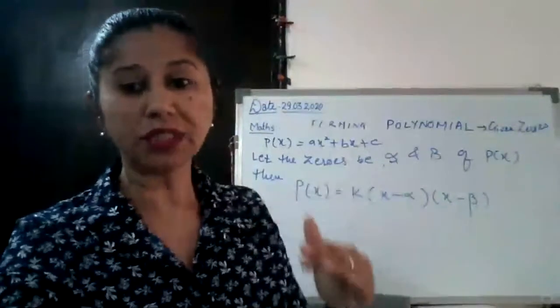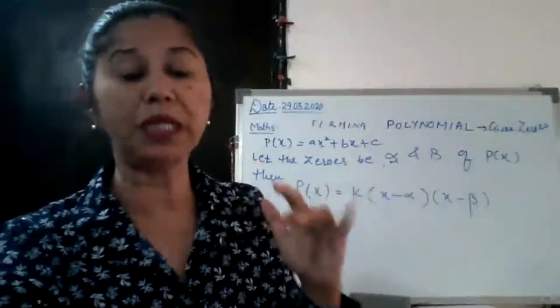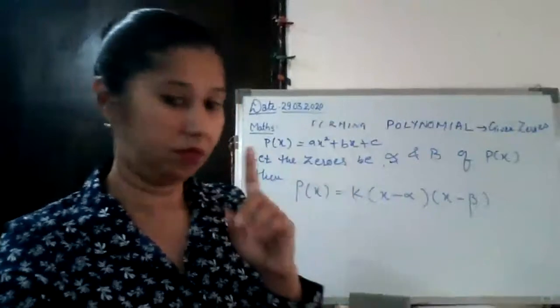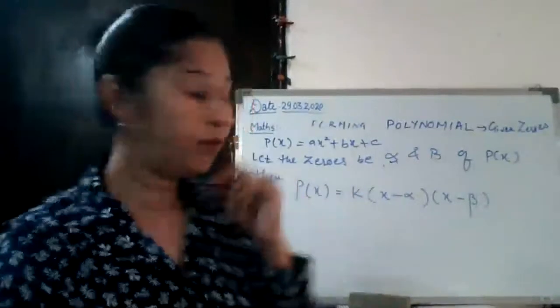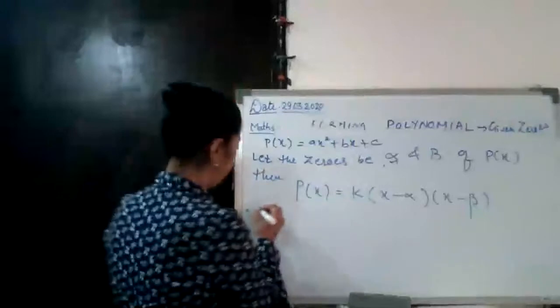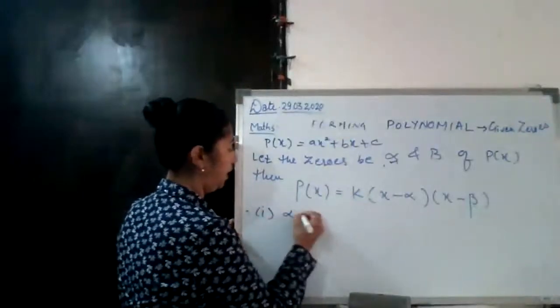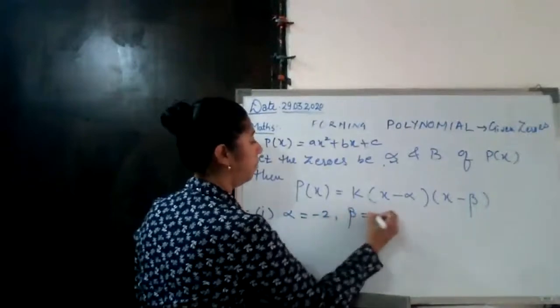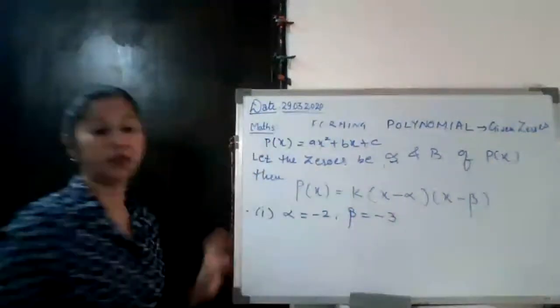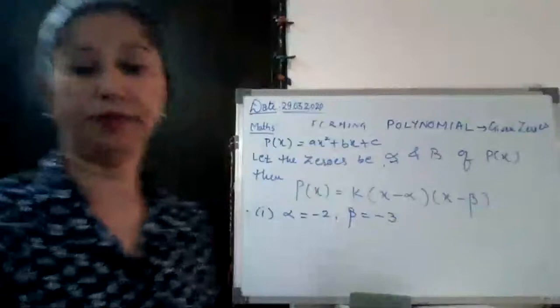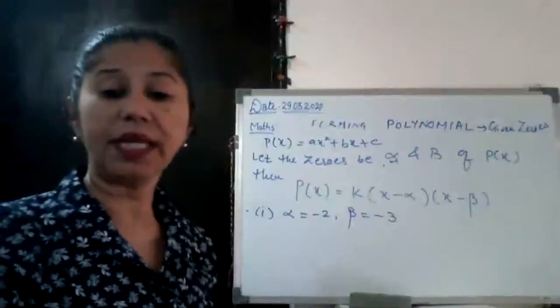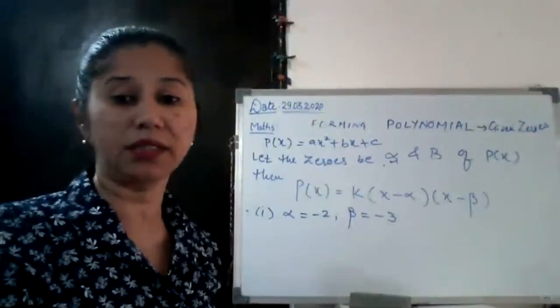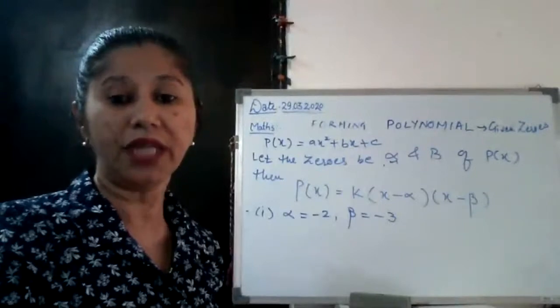We'll be dealing with the sums, so I think that will clear your doubt. Okay, now you're going to do it. So I'm giving you one example. Let alpha be minus 2 and beta be minus 3. Tell me the polynomial. Yes, k is any constant, that is, any real number.